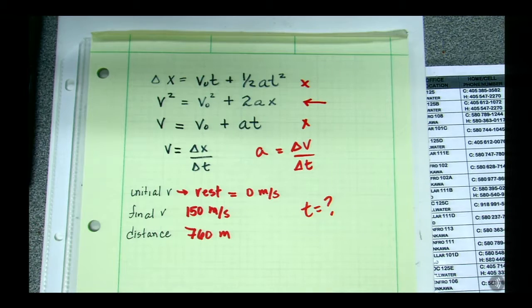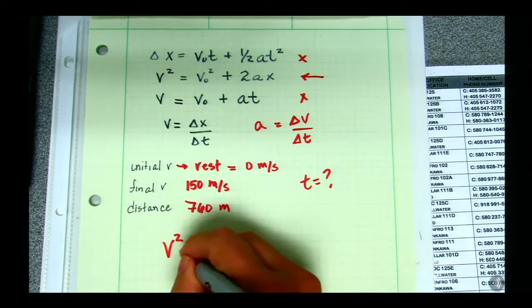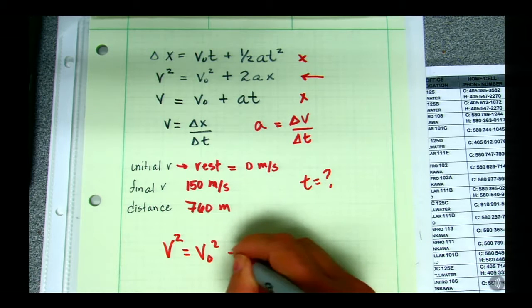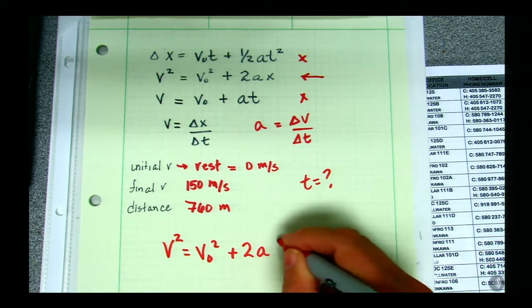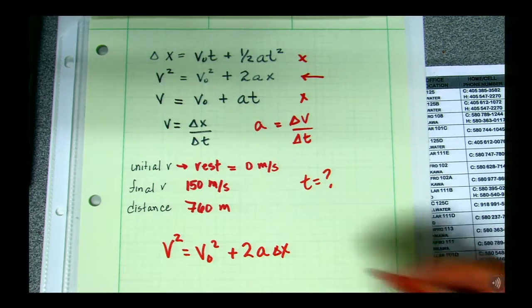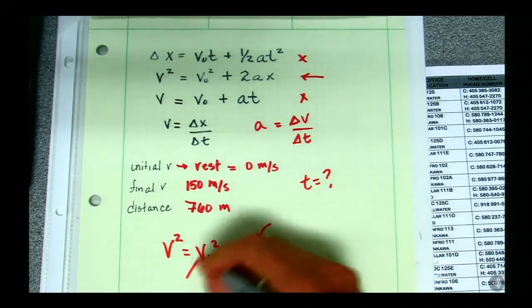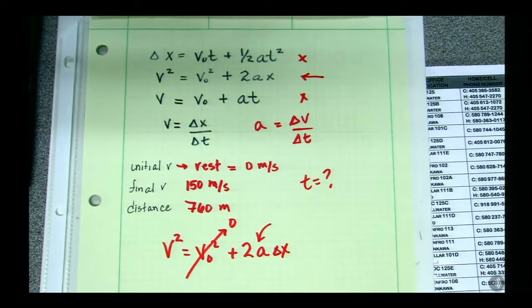So if I write that one out, I've got v squared is equal to v initial squared plus 2 times the acceleration times my change in distance. I'm solving for acceleration. My initial velocity was 0. So now I've got v squared is equal to 2 times the acceleration times my distance.